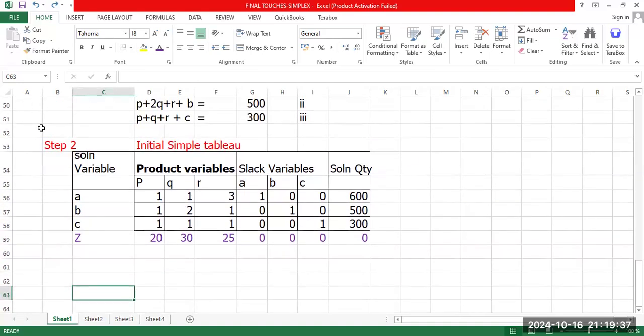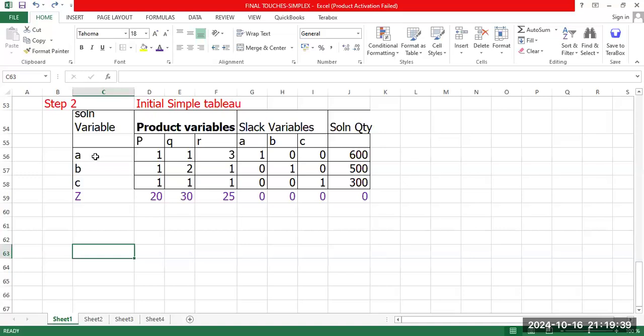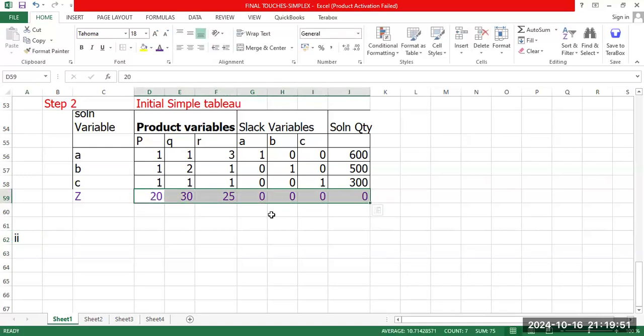Okay, so that is your Roman 1. You have formulated your initial simplex tablet. Then Roman 2. You don't change this, because the final tablet has a negative sign on the Z row.